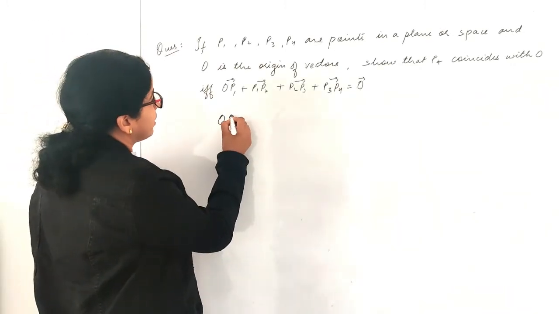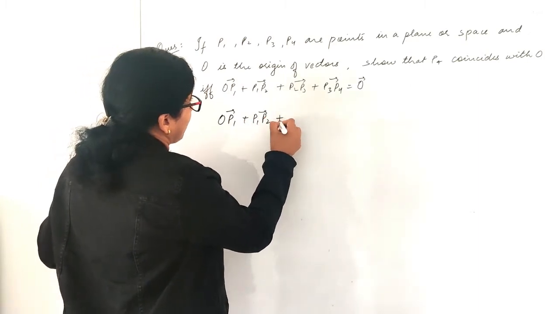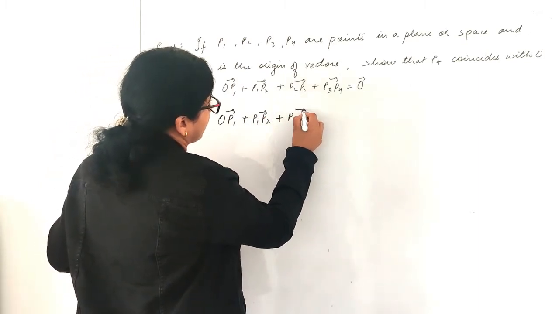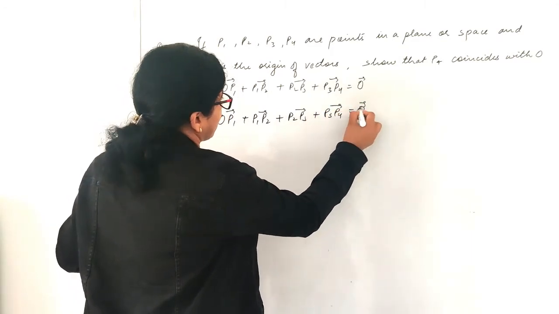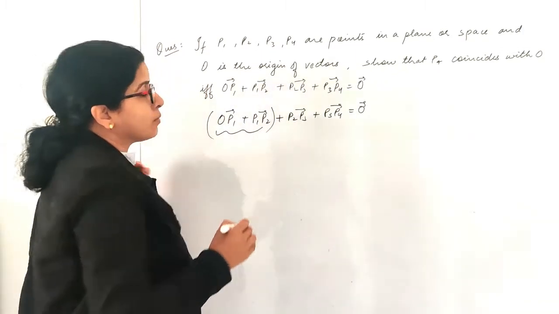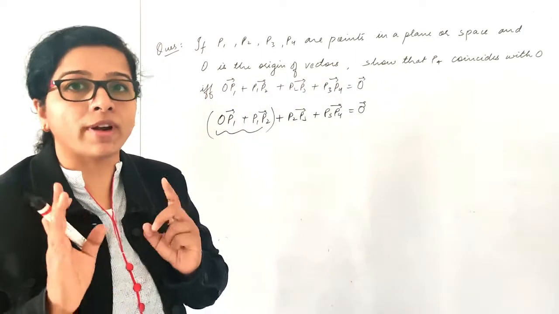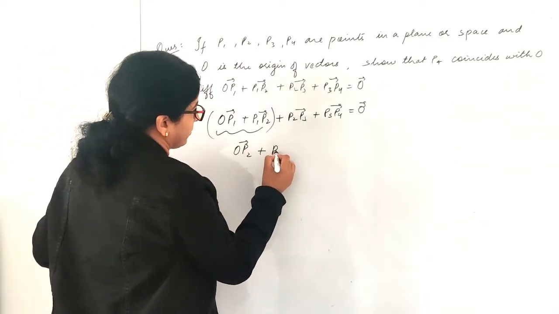So we have been given OP1 vector plus P1P2 vector plus P2P3 vector plus P3P4 vector as null vector, right? So I am using the associativity law, and along with it I am using a triangle law of vector addition, right? So this will become OP2 vector, right?